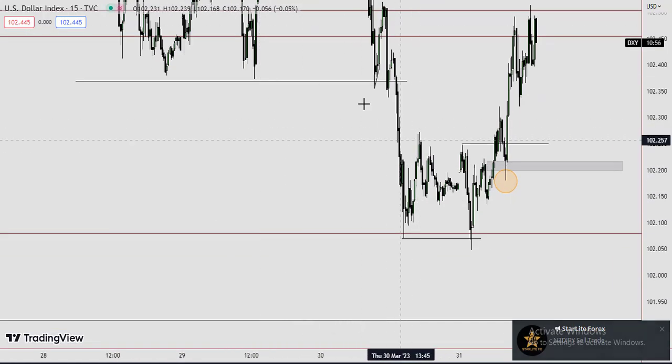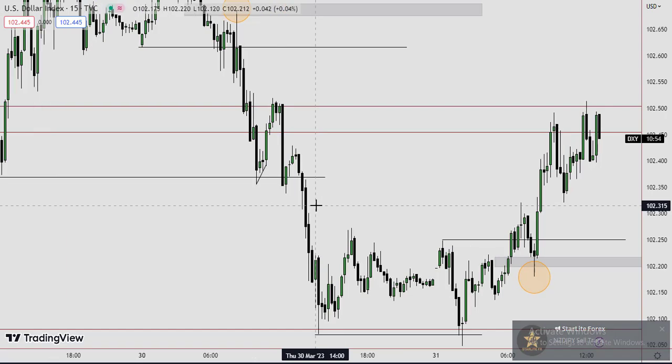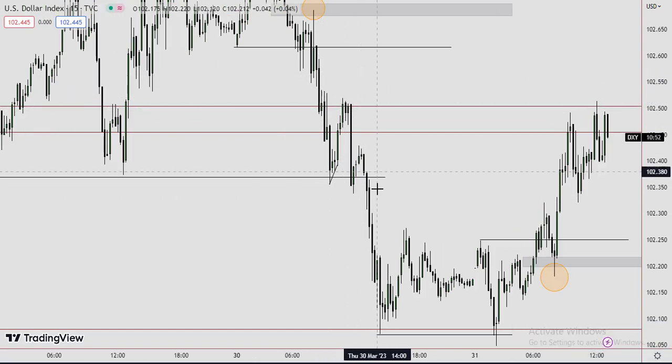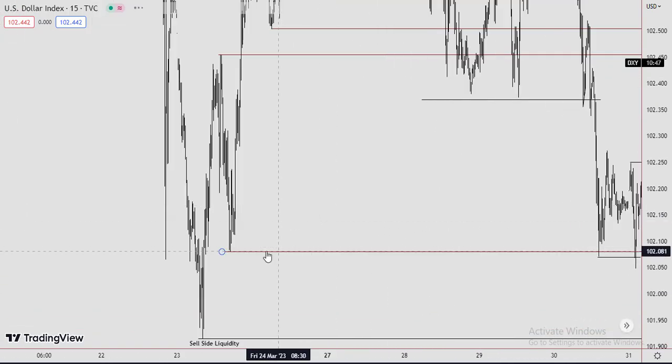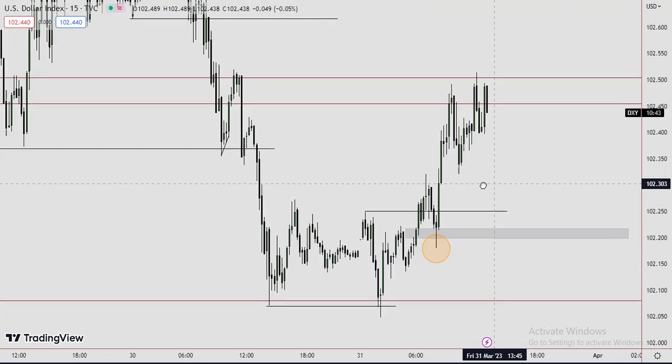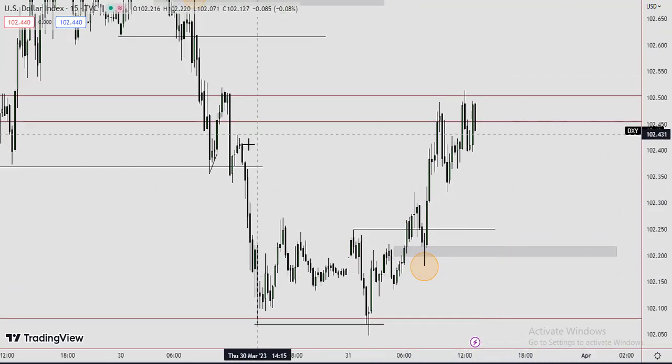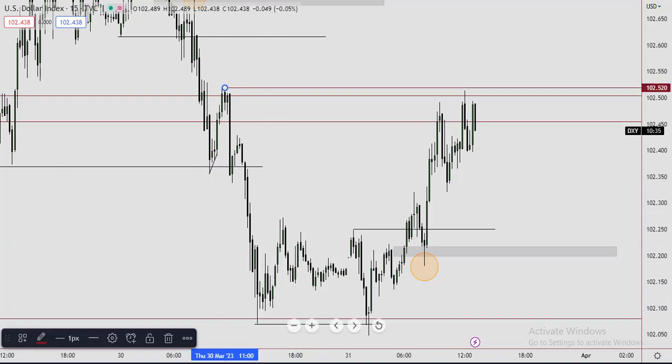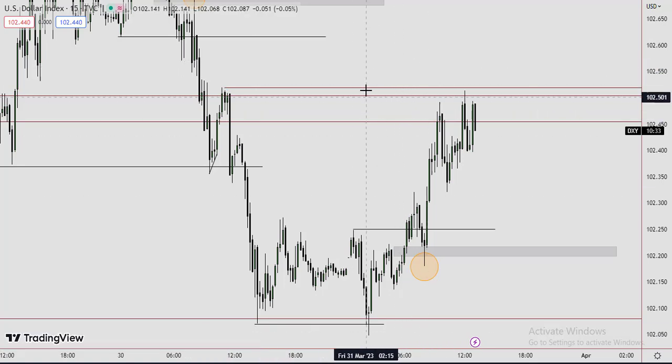All right, so price traded into it, traded into order block, expanded again, traded into fair value, expanded into that sell side liquidity we outlined. And this is today's price action. Where will we be looking to take profit? Immediately price trades into this high, you should be taking profit. So you can see this is very easy to do, guys.